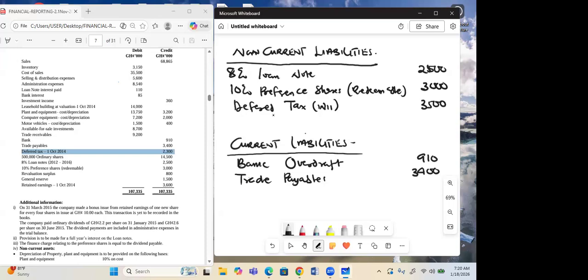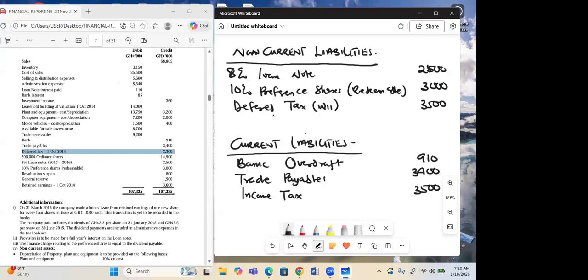Then the income tax, the current year estimate. What was the current year estimate? 3,500.